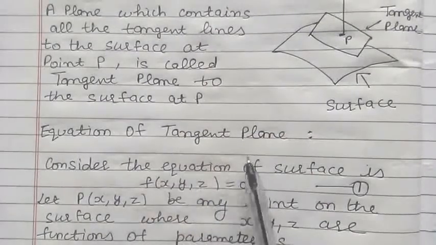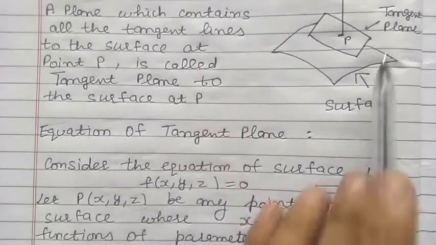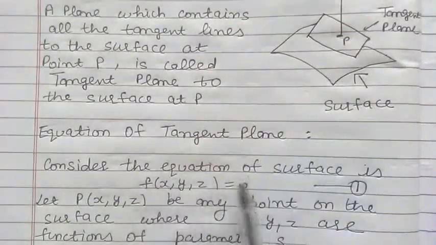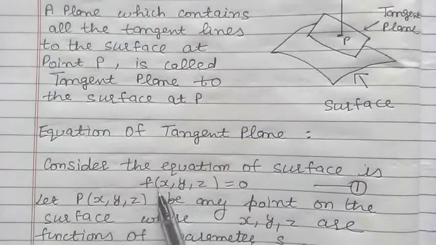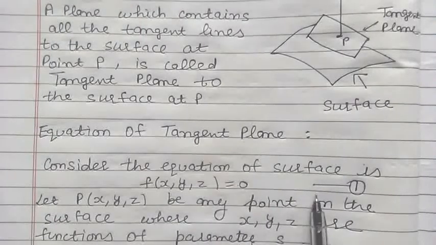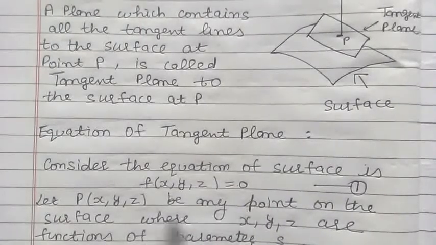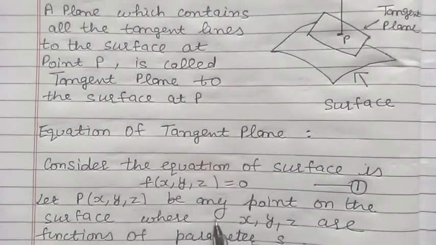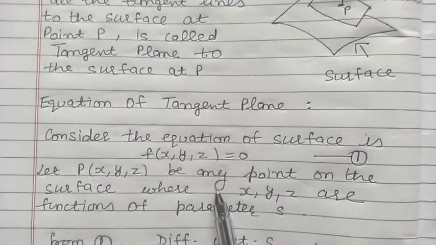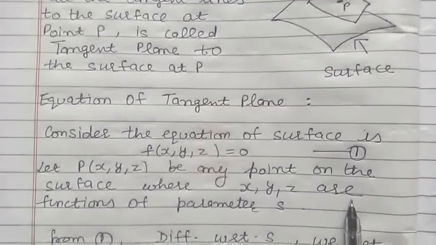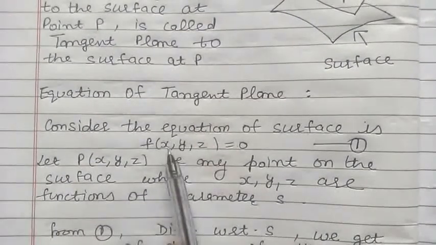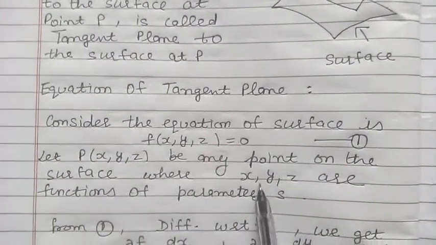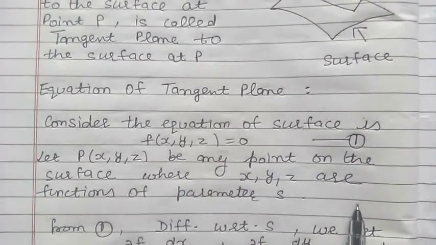In order to derive the equation of tangent plane, let us consider this surface whose equation is given by function of x, y, z is equal to 0. P is the point on the surface where we are to find the equation of the tangent plane. Here the coordinates x, y, z of the point P, they are the functions of parameter s.